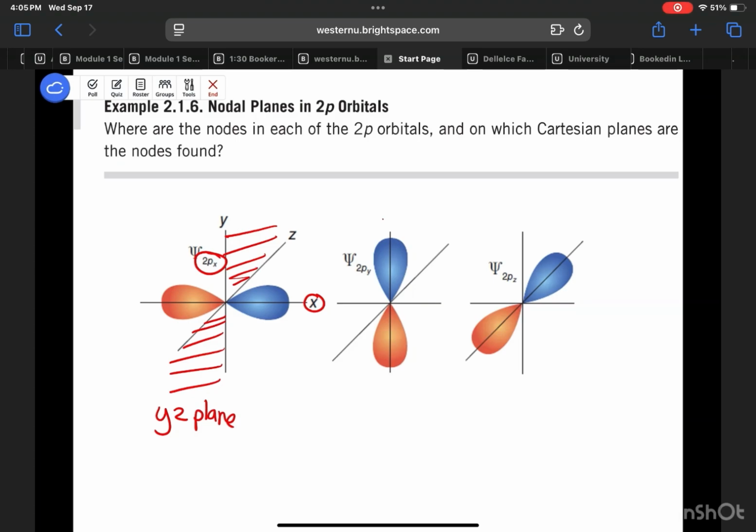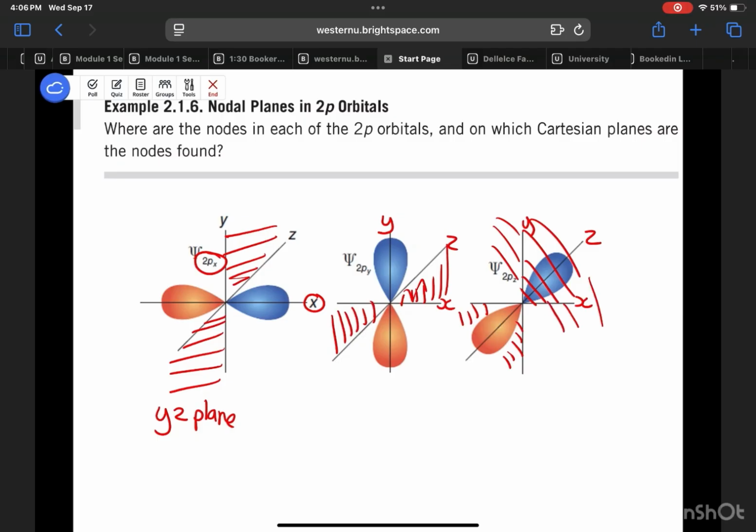If we're looking at the 2py orbital, it lies directly along the y-axis, which means now the xz plane is the nodal plane that lies right between those lobes. And when we're looking at the 2pz, it's the xy plane that is the nodal plane.